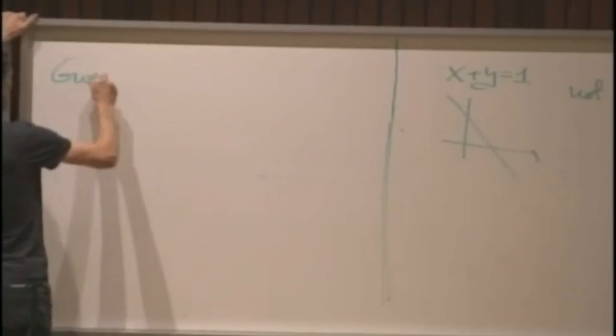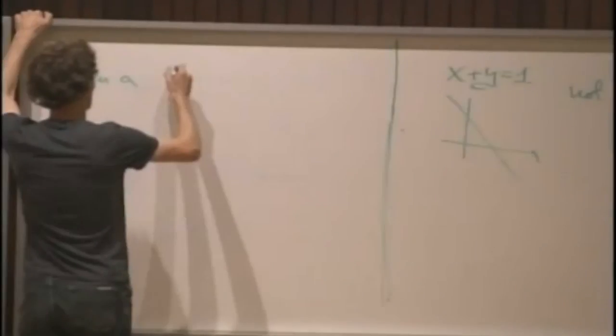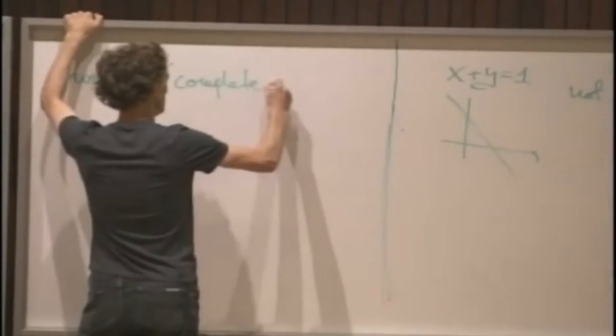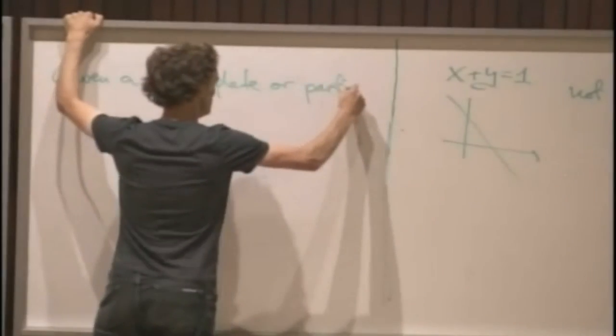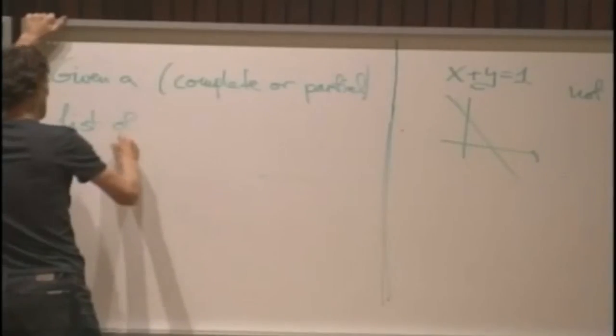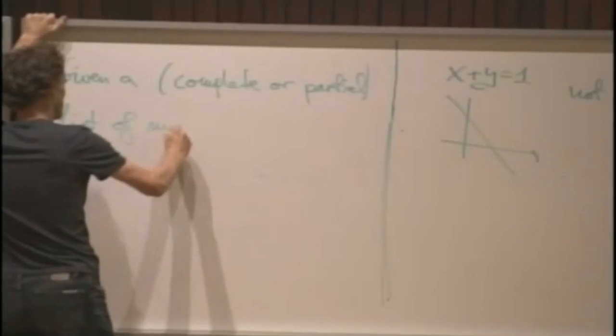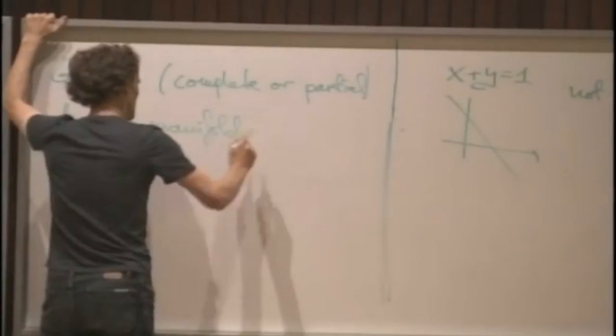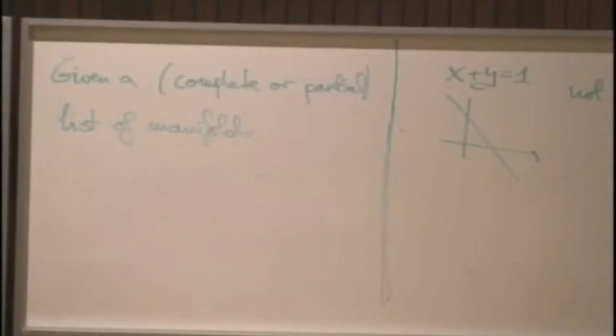Given a complete or partial list of manifolds, you can say, oh, I'm especially interested in this one. And as I explained before, there are many manifolds that are not equal but are diffeomorphic.